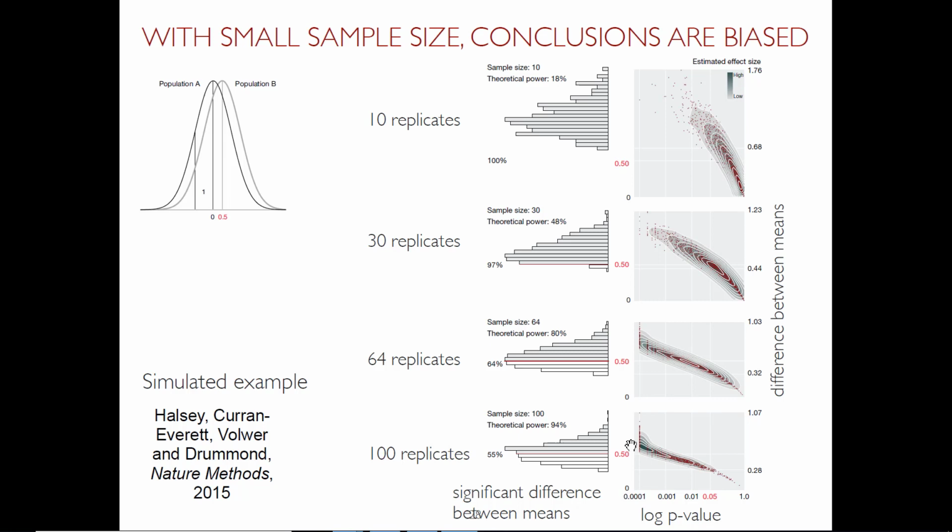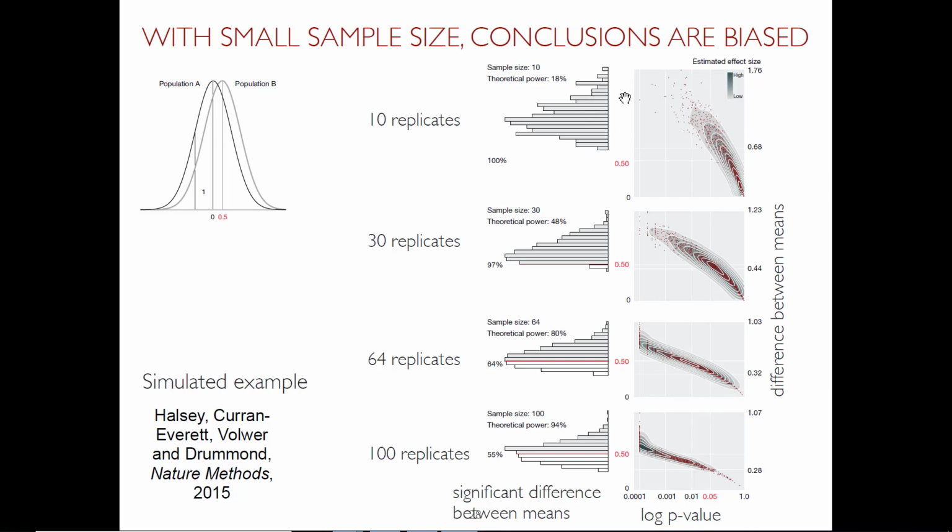But what they also do now, on the y-axis, they have the estimated differences between the groups, the log-fold changes. They also plot histograms of the reported differences between the groups, but only in the subset of the simulations where we reject the null hypothesis. So only if the simulation has a p-value below 0.05 will it report the difference between the groups in this histogram, otherwise they will skip it.